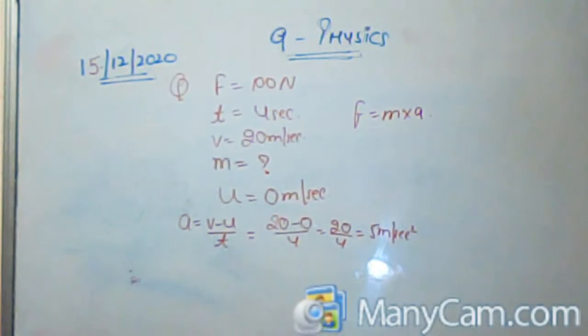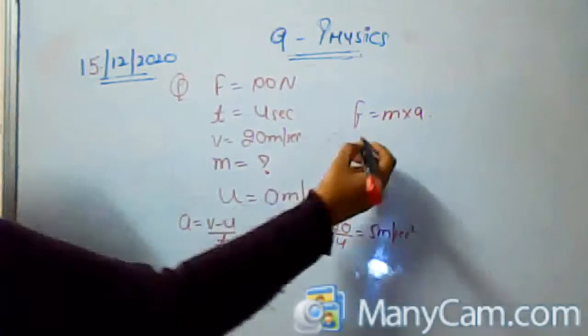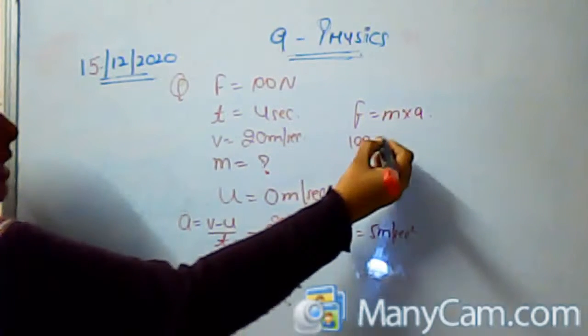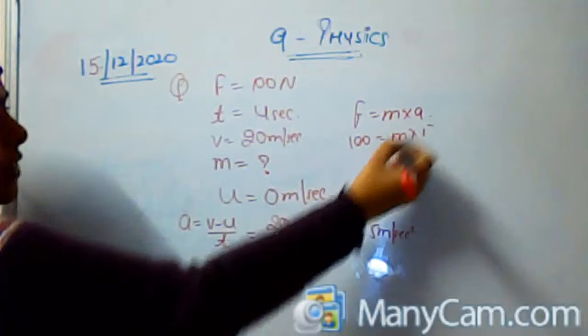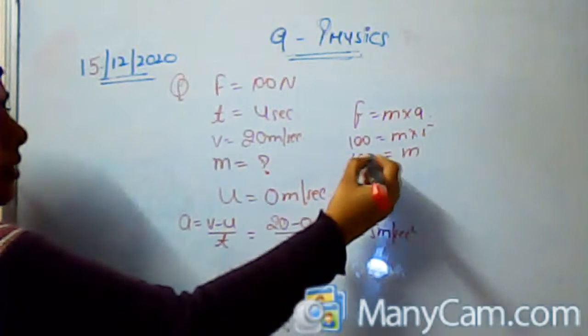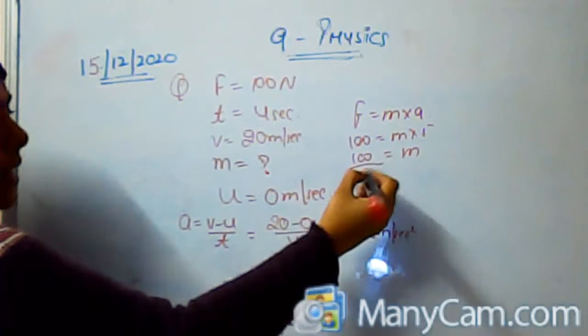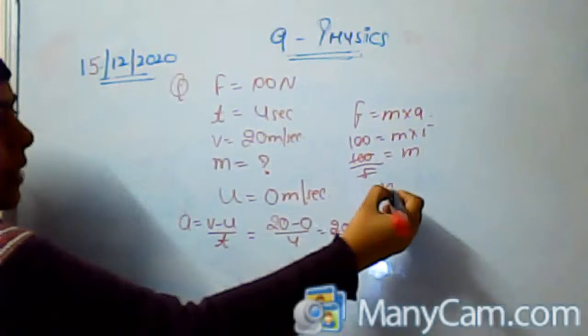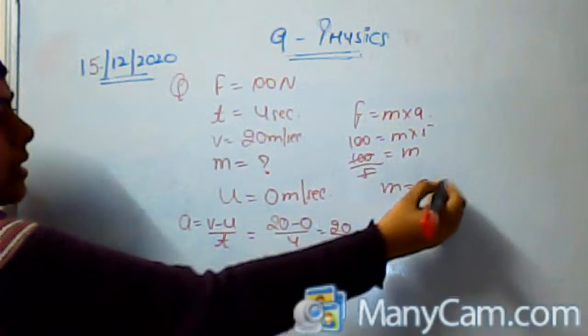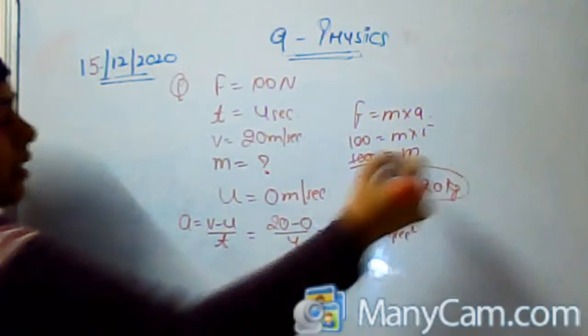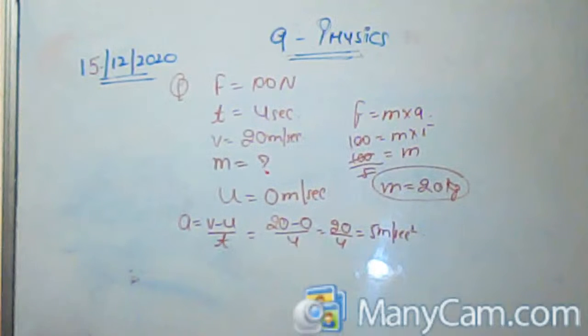So acceleration is 5 meter per second square. Put the value: force is 100 is equal to mass into acceleration, which is 5. 5 multiplying on this side will divide on the other side. When you cancel it out, mass is 20 kilogram.